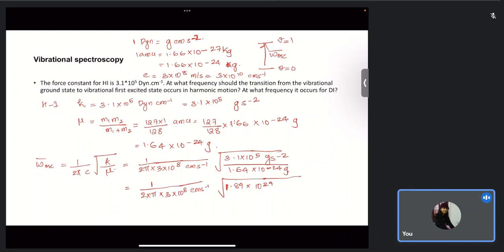Adding with the 10 to the power 5 already in the numerator, it becomes 10 to the power 29, and the 2 grams will go off, and we'll have second square inverse here. And we have to take the square root of 1.89 into 10 to the power 29.